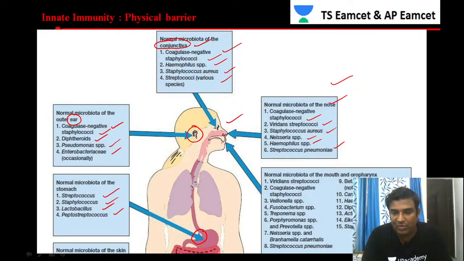Similarly, in the mouth and oropharynx, it includes bacteria like streptococci, coagulase-negative staphylococci, Veillonella, Fusobacterium, Treponema, Porphyromonas, Neisseria, and Streptococcus pneumoniae. These bacteria are present in the mouth as well as the oropharynx.